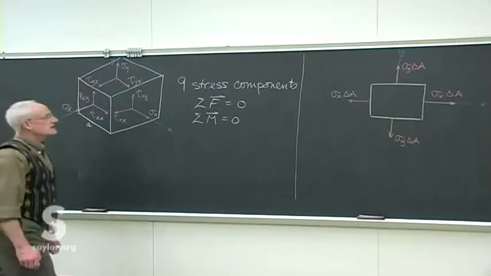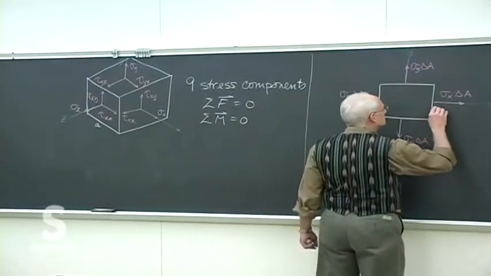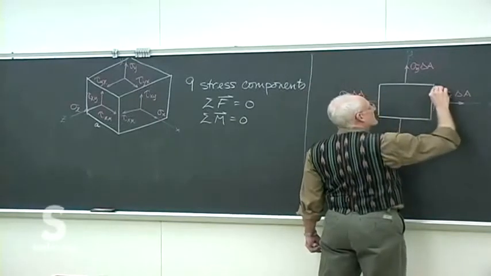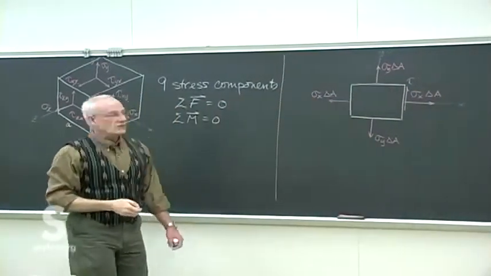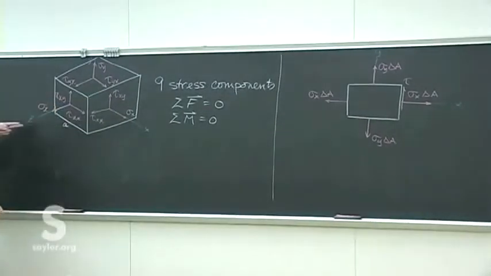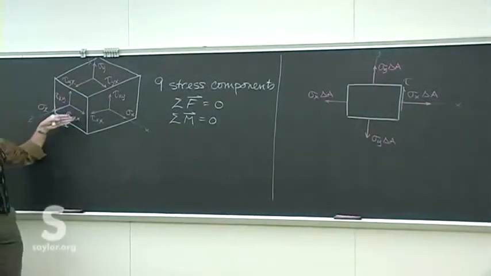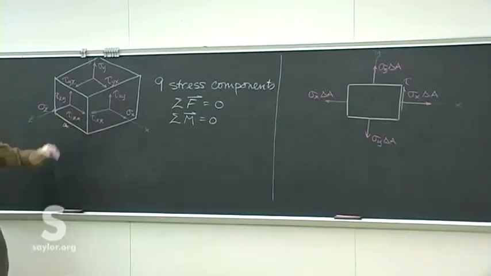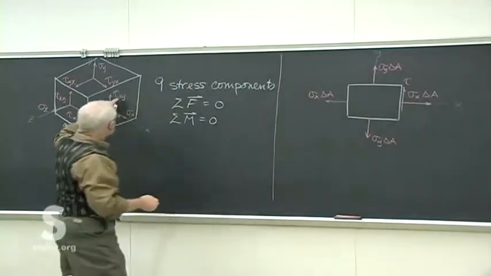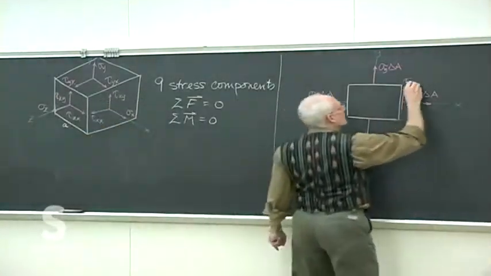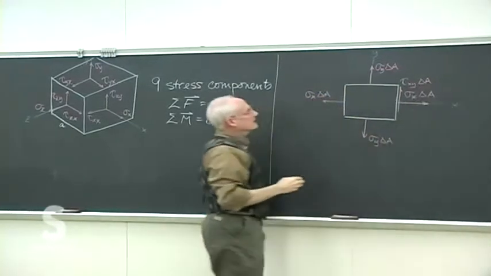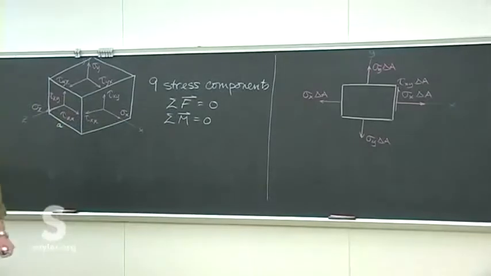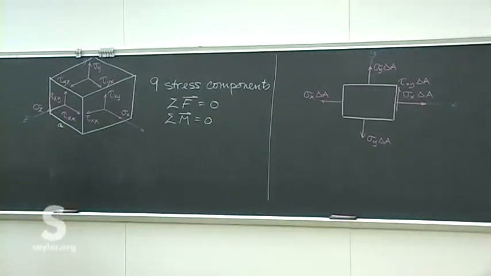For the shear stresses, I'll draw them something like that to remind us this is across the face. Remember, we're looking down the Z direction. We're looking along this X face with this drawing we're just doing there. So that's tau xy acting on an area delta A. Remember, we're doing a force balance here, so I want the forces, not the stresses.